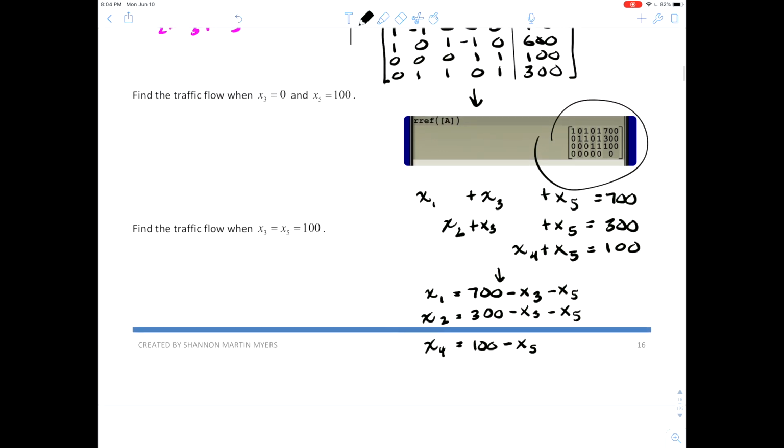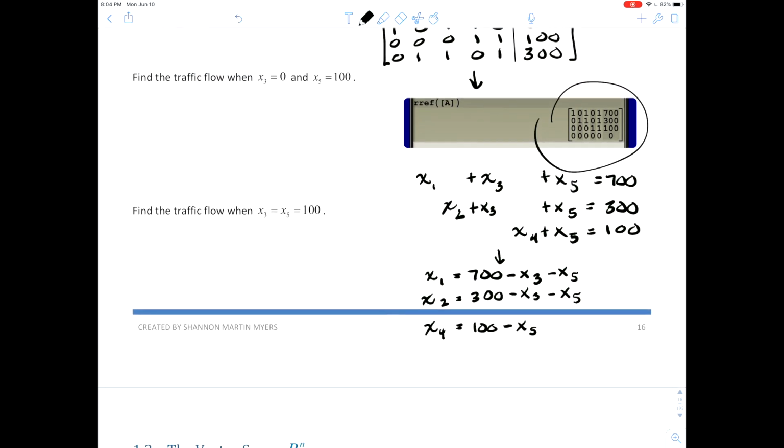So, all right, find the traffic flow when x3 is 0 and x5 is 100. So, all right, we just need to plug it in, right?